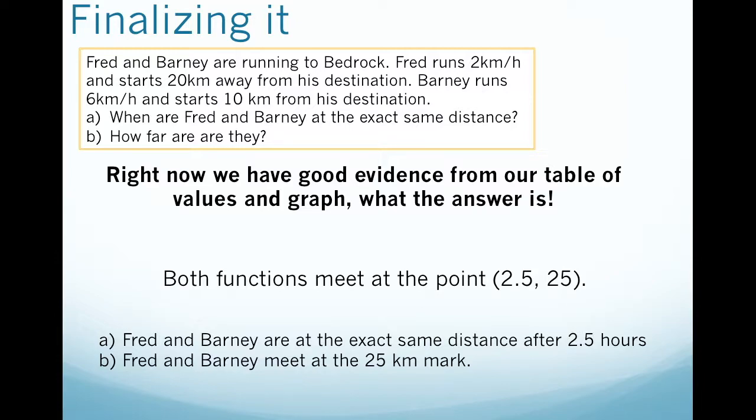And not only that, but where they meet at 2.5 hours, they are 25 kilometers away. So that's what this means. So when you're asked to compare two functions, you're essentially trying to find where they intersect, where they come together. And in this case, we have a good question and answer saying both functions meet at this point where x is time and y is kilometers.